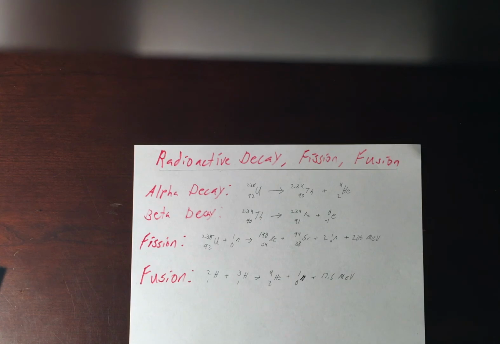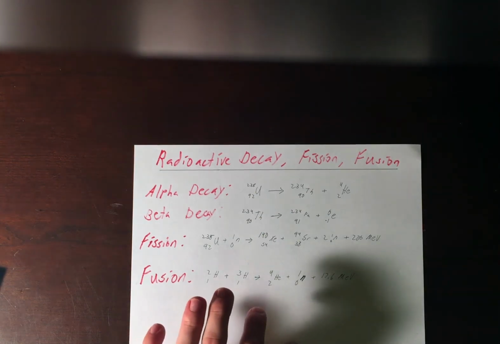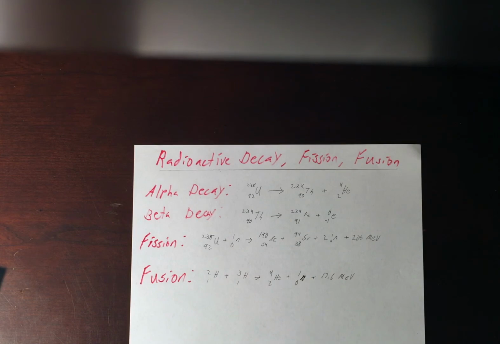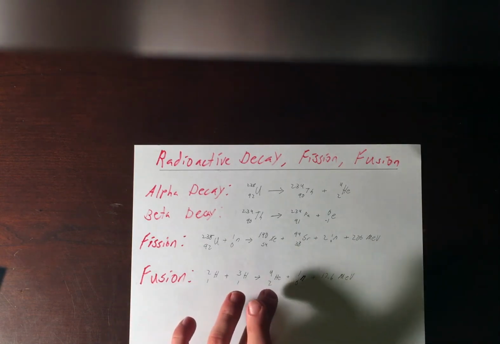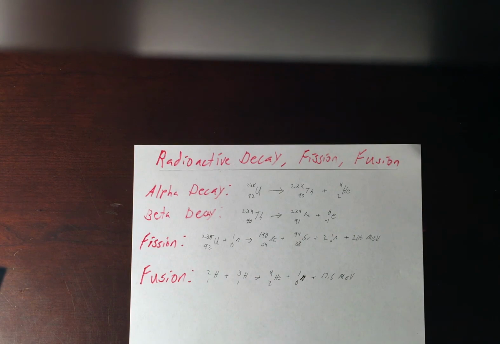And fusion is combining 2 hydrogen isotopes to form one helium, and can be shown here when 2 hydrogen atoms are combined to get one helium atom. And this particular reaction powers a hydrogen atomic bomb.